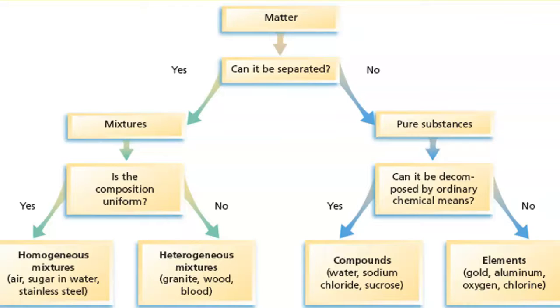So if I get a sample of blood from one location or one person, it might be different from another location. We've got plenty of examples to look at if you're still wondering about the difference between the mixtures there. But this is just kind of an overall view of everything.